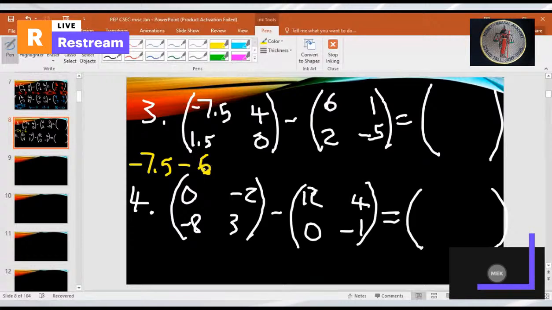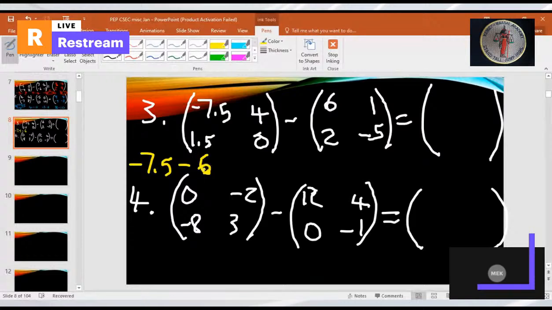We have 4 minus 1, which everybody knows is 3. We have 1.5 minus 2. So move back 1.5 places to take us to 0, and what is left is negative 0.5.